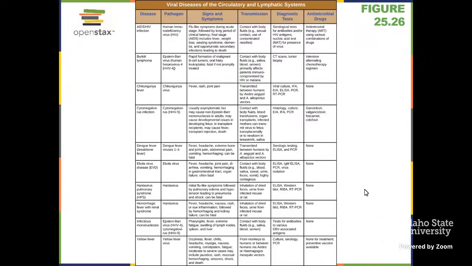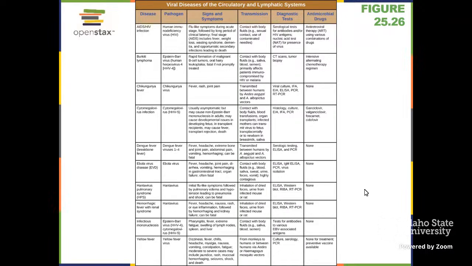Lymphoma we talked about with our Epstein-Barr. Chikungunya, this virus, fever, rash, and joint pain, it's transmitted by some mosquitoes. The cytomegalovirus we saw in the kidney cell, so asymptomatic, but it can cause non-Epstein-Barr mono, and other issues, developmental issues, or bigger issues in the fetus, and potential for death, transplant rejection, and a handful of other things that may lend to it.